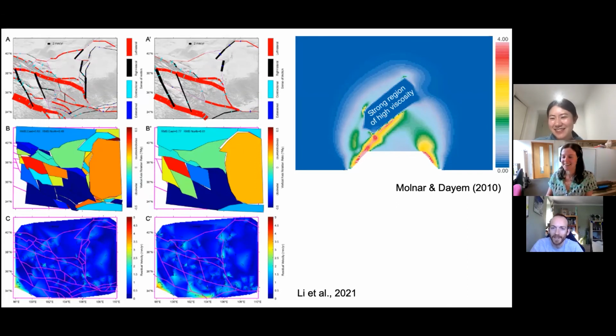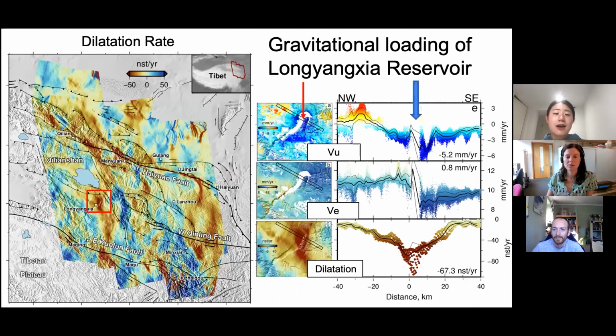I had a quick question, Chi. On your previous section, you mentioned the subsidence around the reservoir. Do you know the creation date of that reservoir? I don't know exactly the creation date, but I did find another paper that extracted the reservoir water level over almost the same period as my observation.